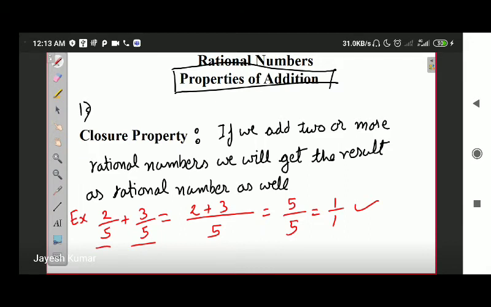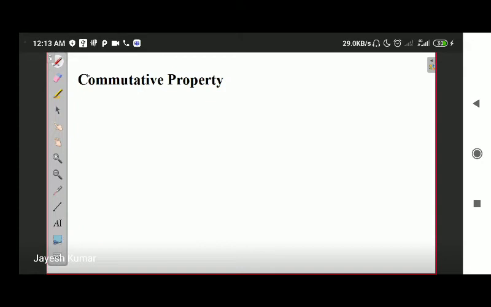Okay. Moving on, next property. The second property is commutative property. What do you mean by commutative property?